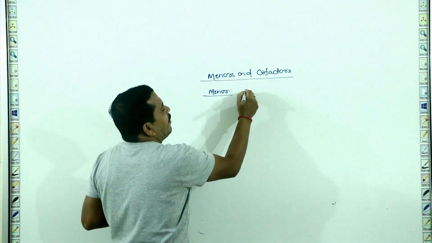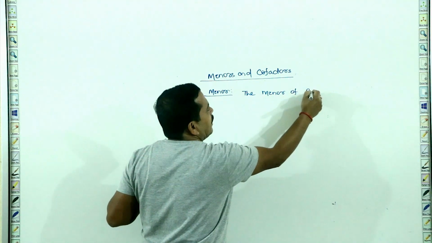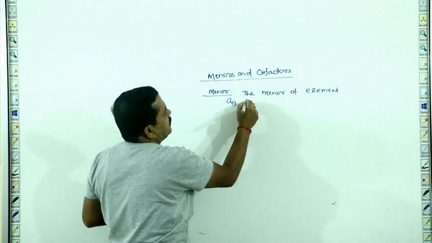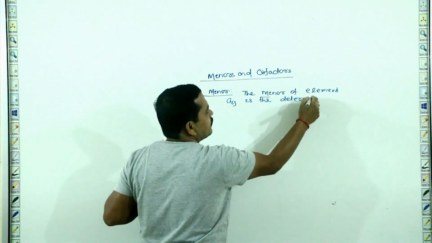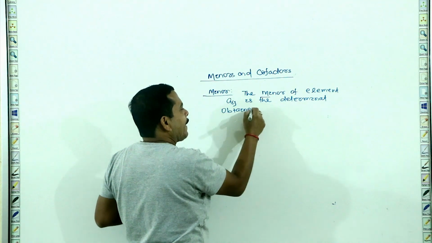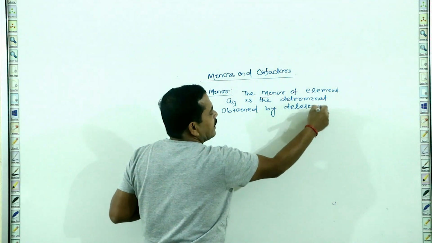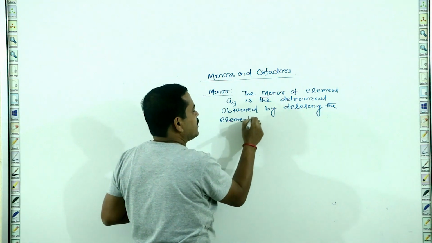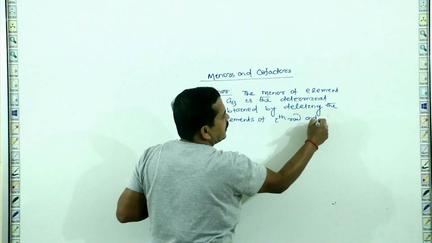The minor of element Aij is the determinant obtained by deleting the elements of the ith row and jth column.